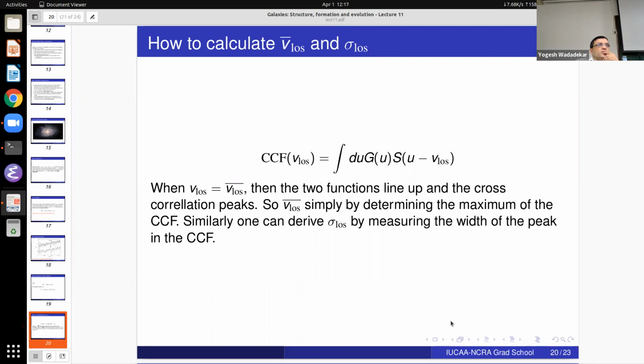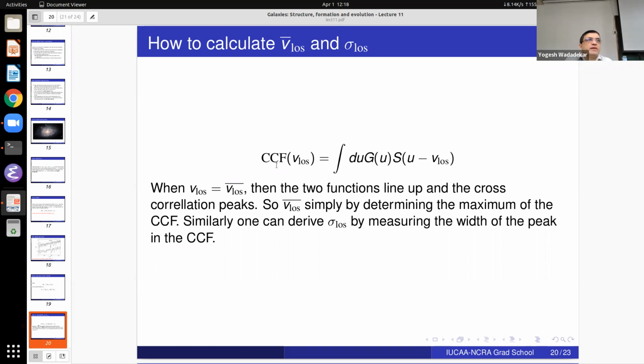So when VLOS is equal to the average value, what will happen to the cross correlation function? It'll suddenly peak. So imagine you have two delta functions which are offset with each other. If you multiply and add them together, you'll get 0 everywhere. But the moment they line up with each other, you will suddenly get a peak in the cross correlation function.